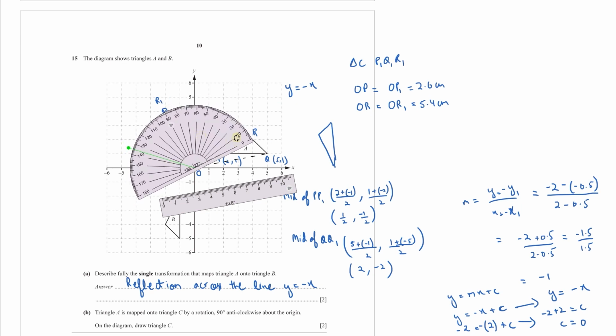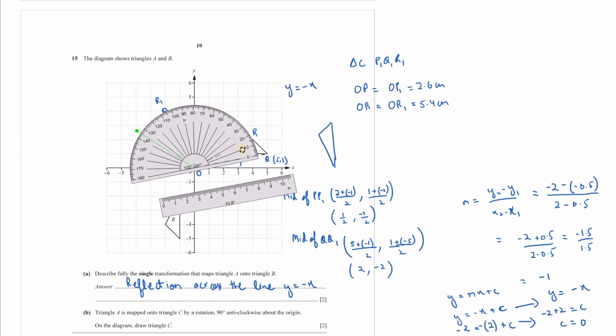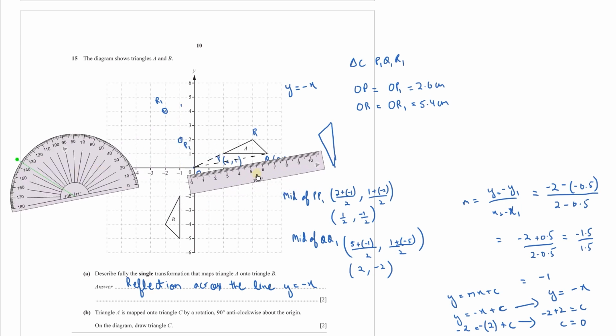Now my 0-degree angle is here, which is the line connecting point Q with the center of rotation. And my 90 degrees is right here. So let me mark this point here as my 90 degrees. And then I can measure the length of point Q from my center, which is almost 6.1 centimeters.